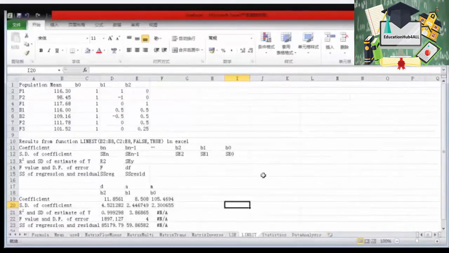Estimation is about finding the parameters included there. So it's not exactly the same.